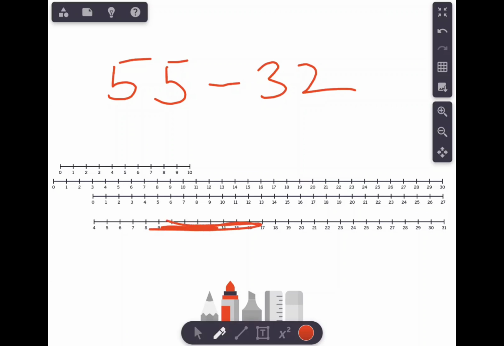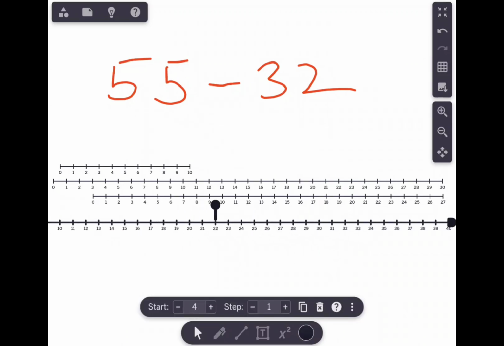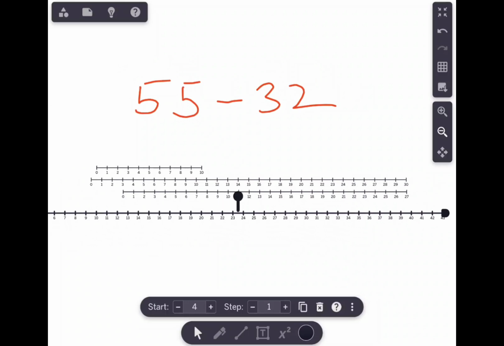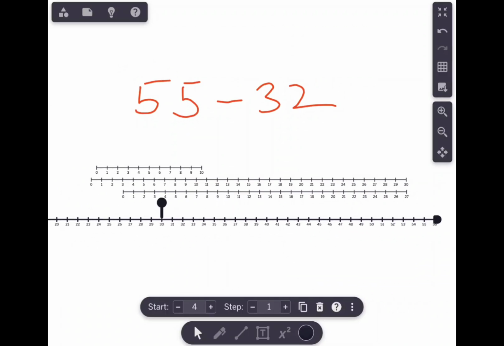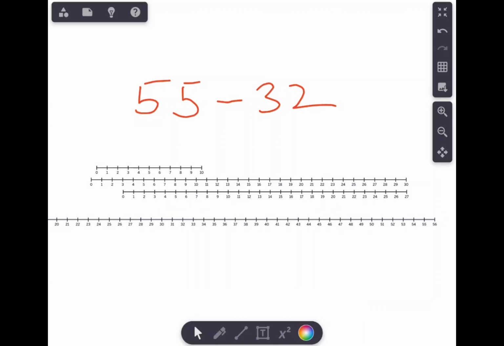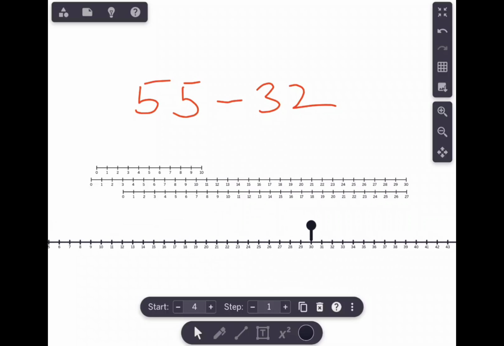So let me adjust this number line and make it bigger, more bigger. I zoomed in so that I can see the whole picture, and now I'm going to adjust.